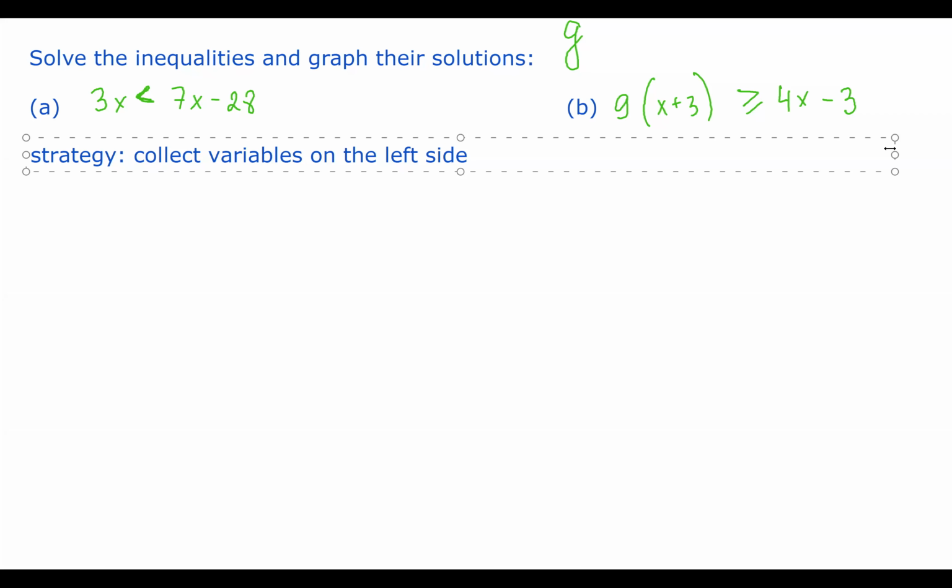Collect variables on the left side and then get rid of the coefficient, constants first, then the coefficients. I'll give you 4 minutes to work on these two, and then I will work on them myself. If you didn't have the books and didn't cover it there, just try it on your own. Maybe you remember the stuff, maybe you did it before, and if not, just wait for 4 minutes and then I will also work on it, okay?